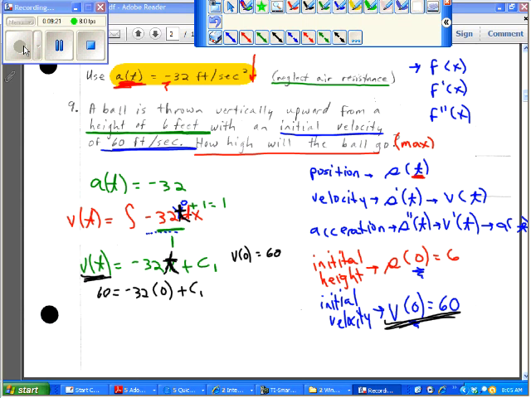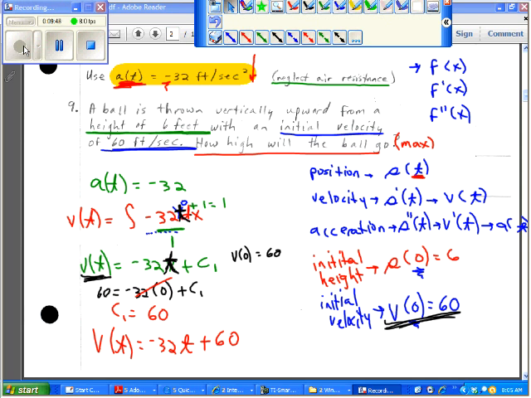We just plug in that ordered pair, a point. That goes out. And so c sub 1 is equal to 60. So that means my velocity function is really negative 32t plus 60.